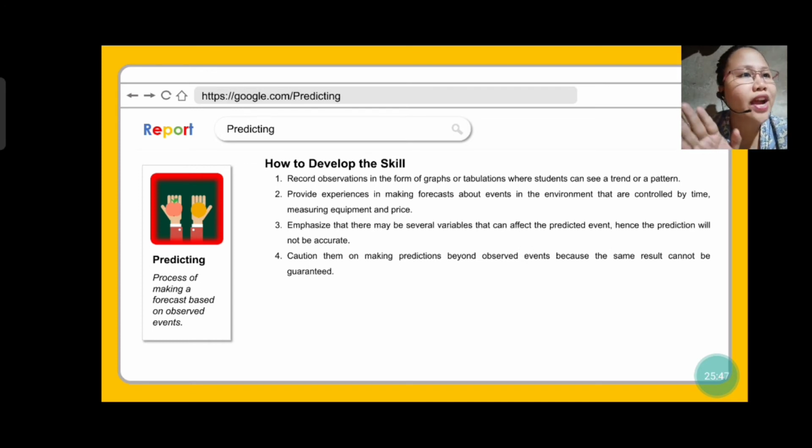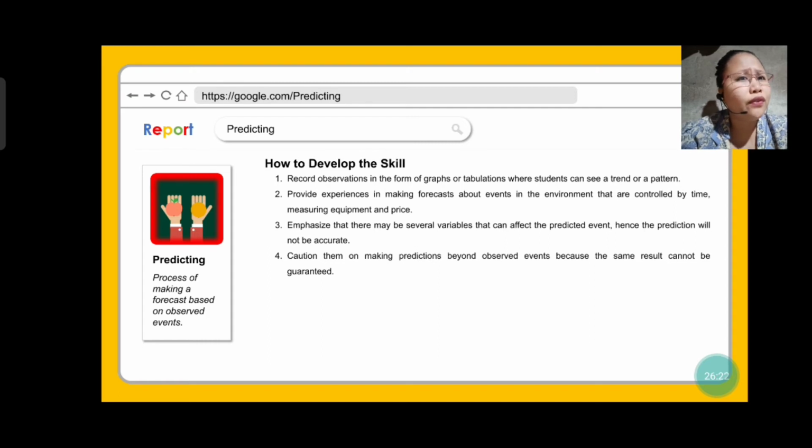So second is to provide experiences in making forecasts about events in the environment that are controlled by time, measuring equipment, and price. For example, we have forecasts about rain. Let the students share their experiences with rain. If the rain is light, it will not flood, but if it is strong, it will flood, and there are collateral damages.